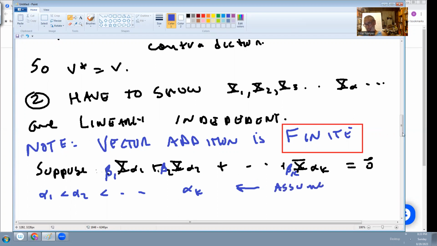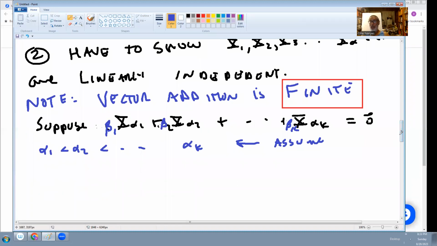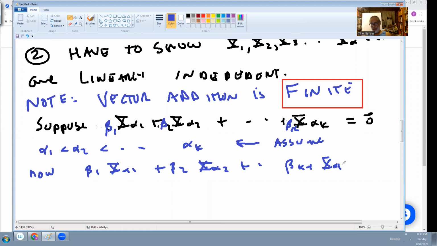Because vector addition is commutative, you can order it in any way. So by moving this, we can say that beta 1 x alpha 1 plus beta 2 x alpha 2 plus up to beta k minus 1 x alpha k minus 1 is equal to minus beta k x alpha k.